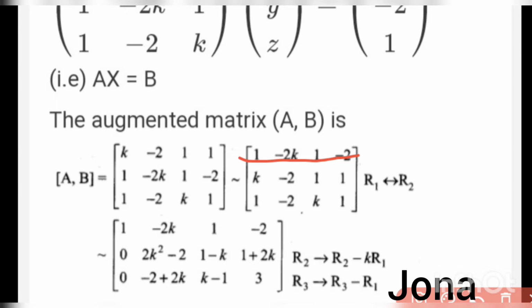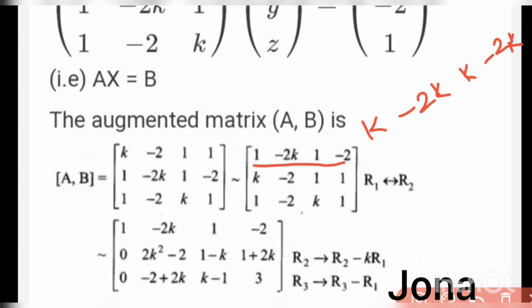If you multiply R1 by k, it will be k, minus 2k squared, k and minus 2k. Then subtract this from R2.